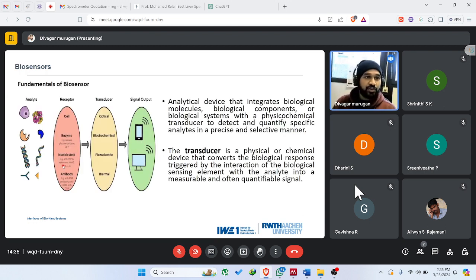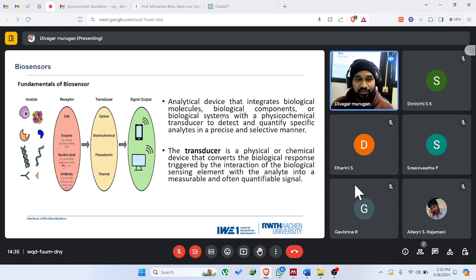Right. So initially, to start with the biosensors, when someone asks you to define a biosensor, we have to define three important parts here. One is the bioreceptor, where you have your cell, DNA, or a protein, or any kind of biological molecule which acts as a bioreceptor. And then you have a transducer.